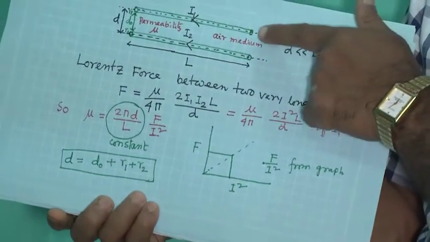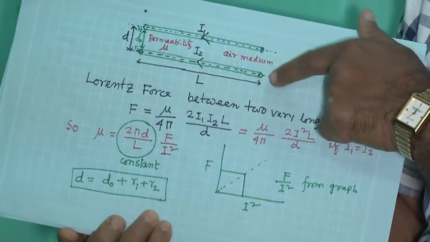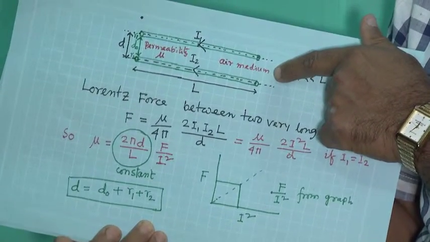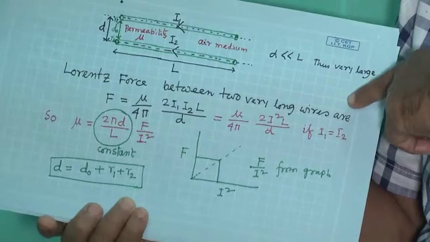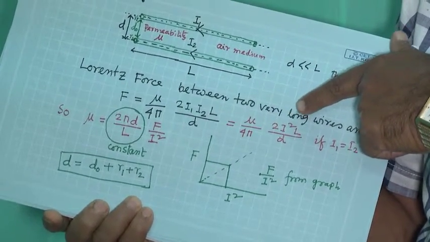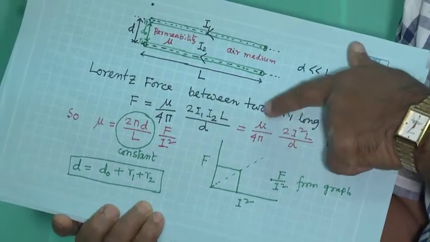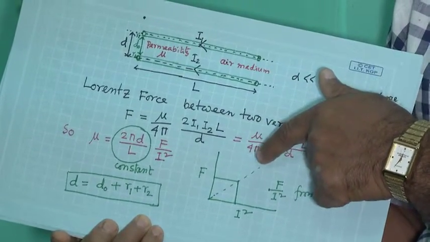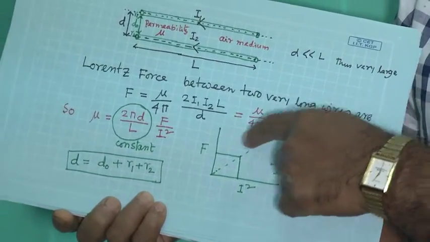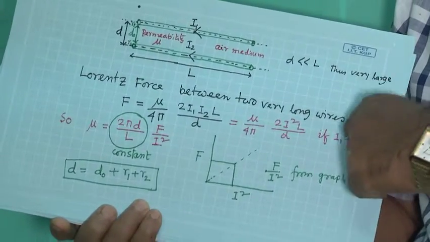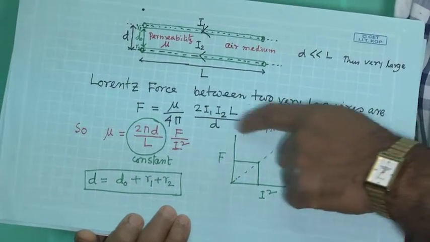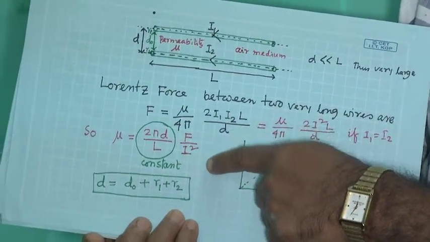So, if the currents are the same in these two wires, I1 equal to I2 equal to I, then we can write 2 I square L by D and mu by 4 pi is there. So, ultimately we can write mu equal to 2 pi D by L times F by I square.